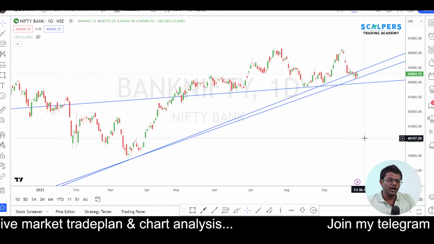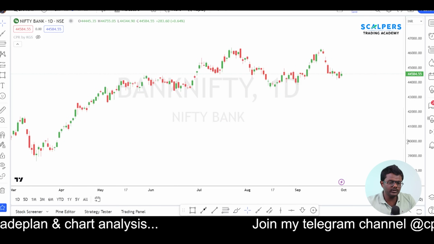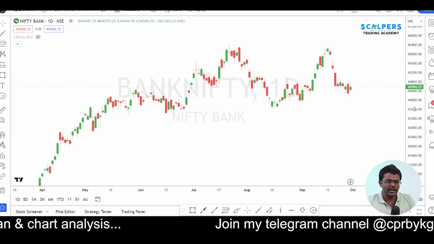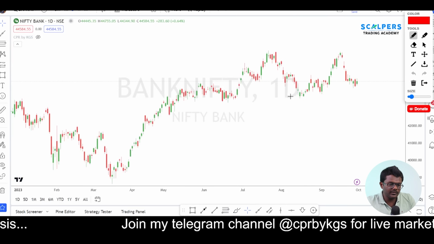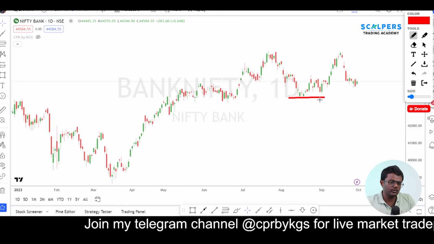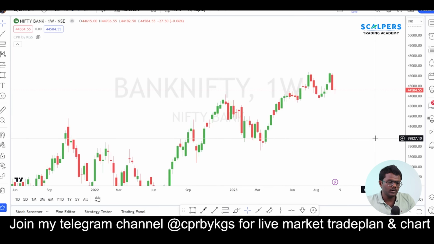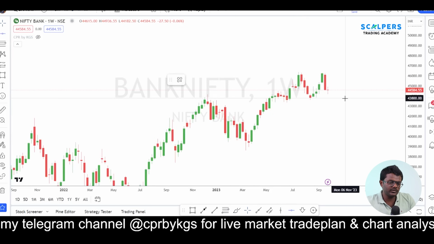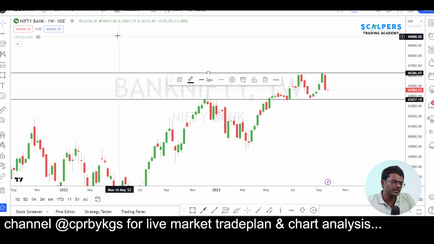All right, but more than this, using a simple support resistance like what I said right now, as per Dow theory, this is a very important swing high. As per weekly chart, we saw a Dow theory pattern, right? So using a simple support resistance like this is an important support and this is an important resistance.